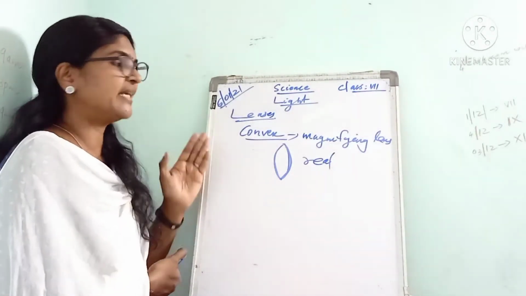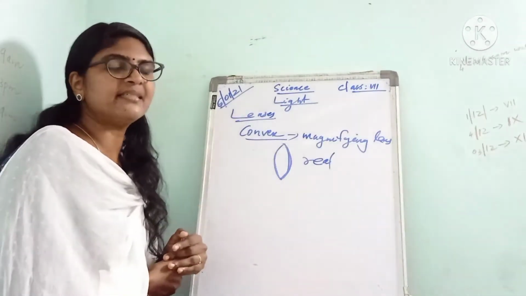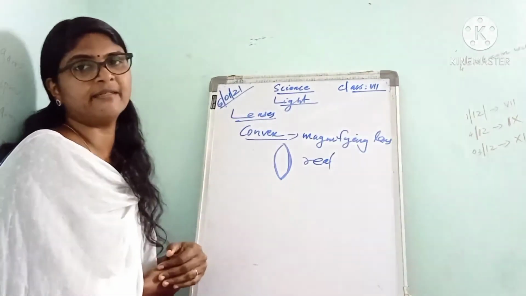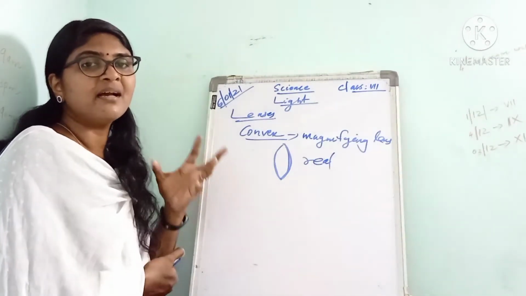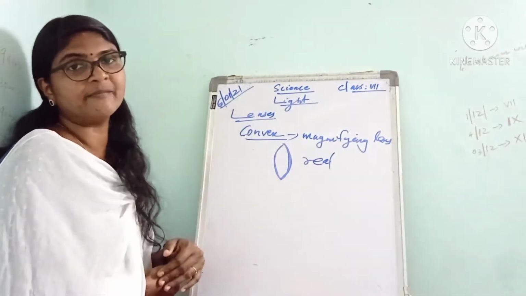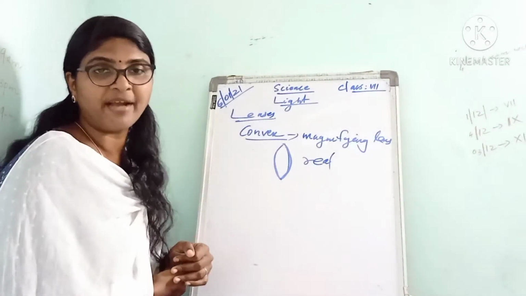The convex lens is a magnifying lens because it magnifies the image. That is why it is called a magnifying lens.